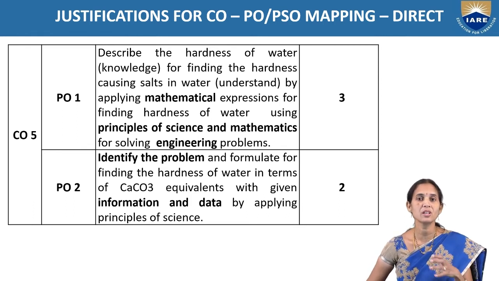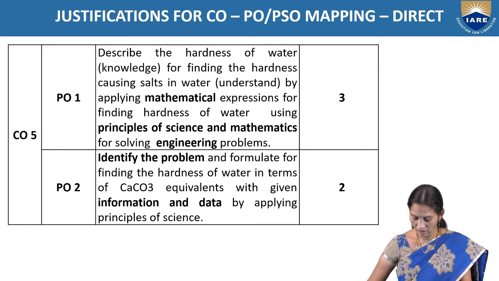So here students will apply the formula, here hardness causing salts formula they will apply. They will find out hardness for hardness causing salts present in water. So we are giving number of vital features here 3.